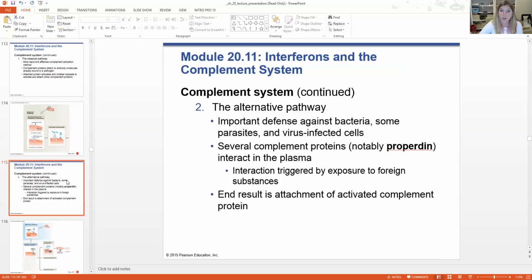The alternative pathway is an important defense against bacteria and some virus-infected cells. Several complement proteins interact within the blood plasma, triggered by foreign antibody or foreign antigen exposure, and the end result is the activated complement protein becoming attached.